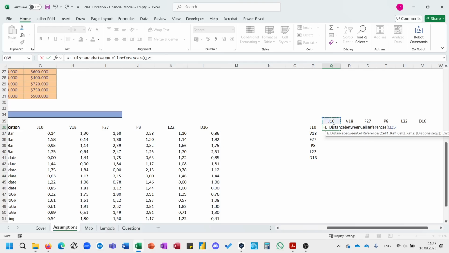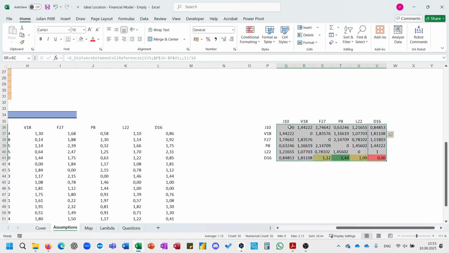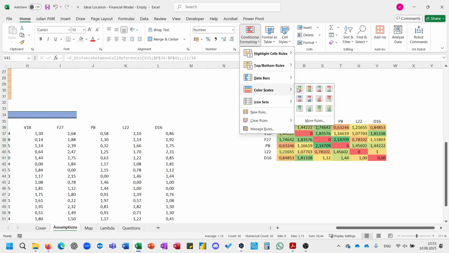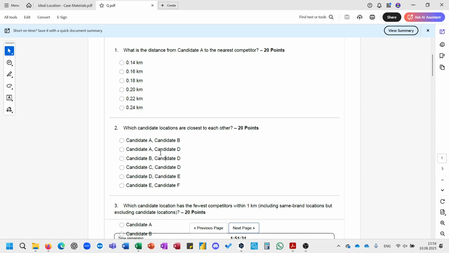Between cell references, of course, those are the references in between, but let's take a look at the closest. Here we can see it by the orange highlighting. It's the combination of A and the fourth one, D, and therefore our answer is A and D, which is answer B.